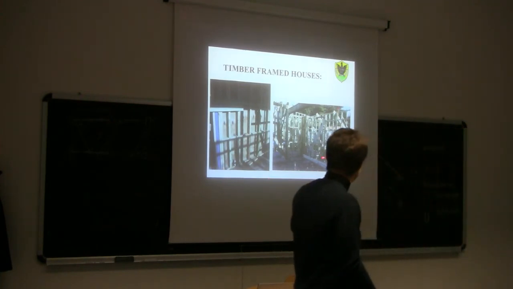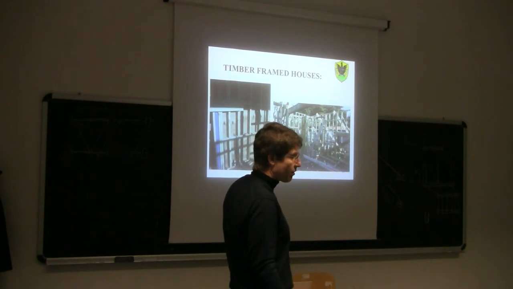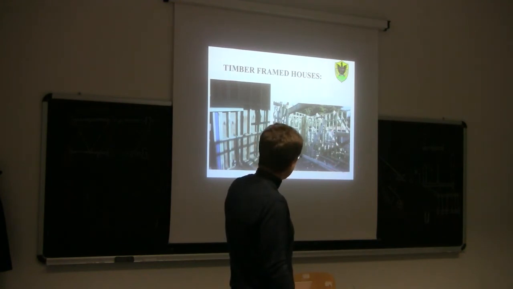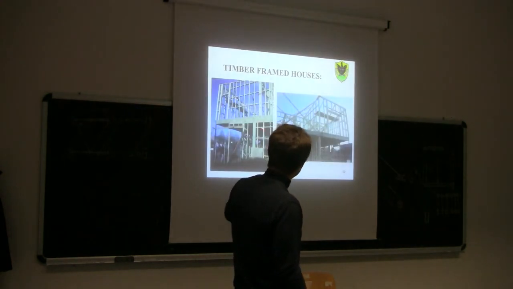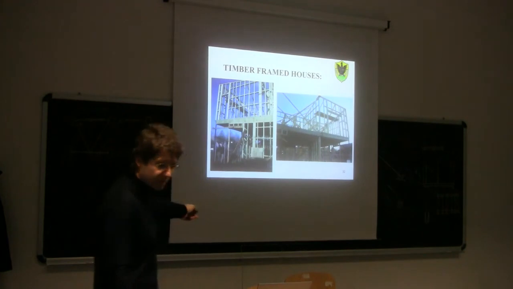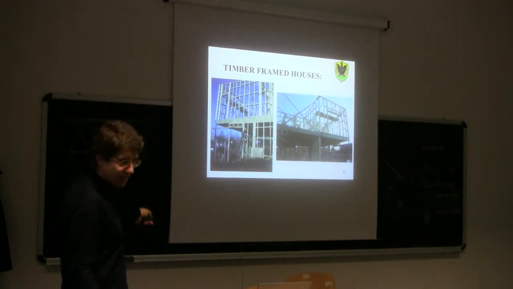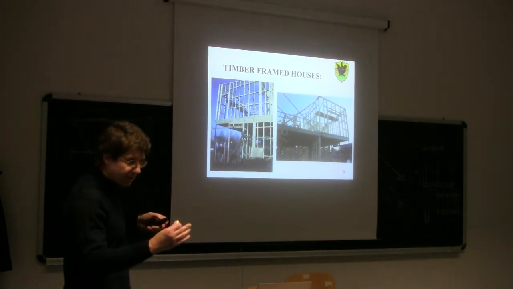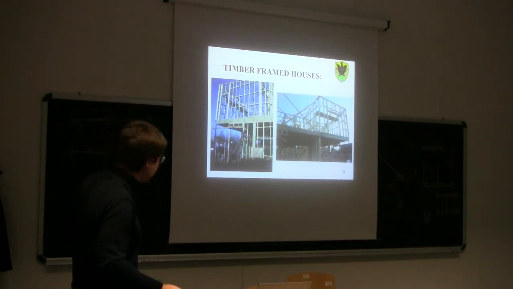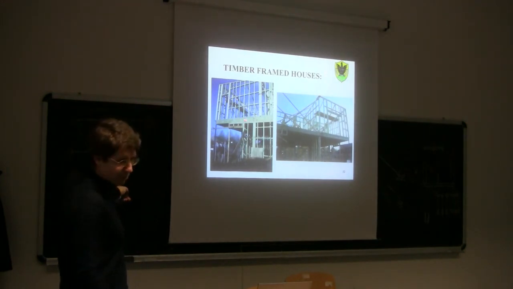It's quite interesting to see how the construction proceeds. Those frames are placed vertically, and then the whole floor is placed on top of those unstable frames, which are still braced, and then another floor is placed on top.